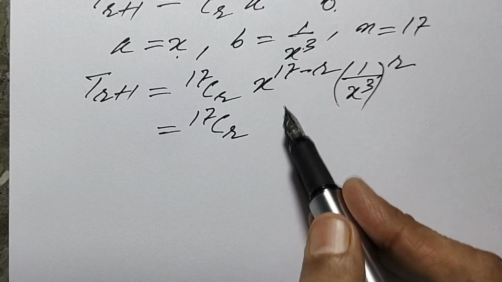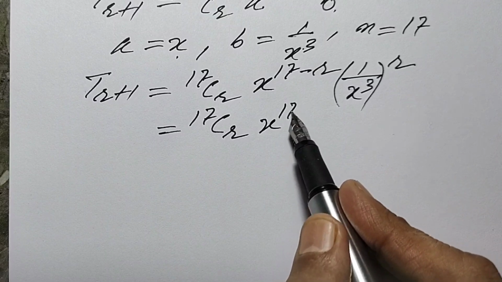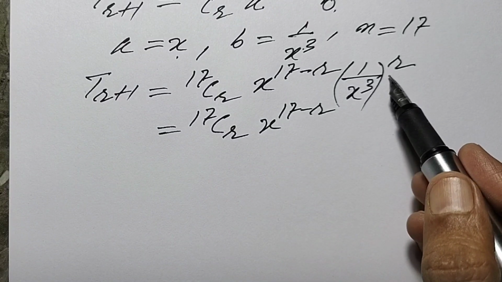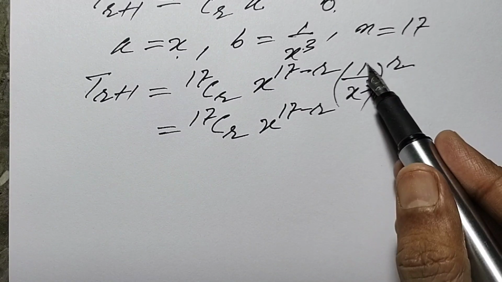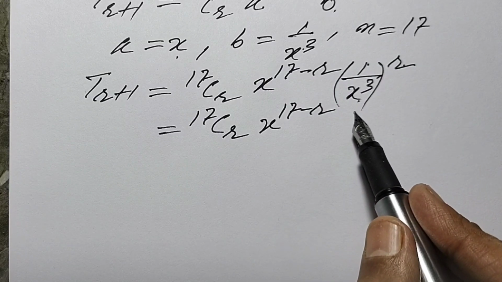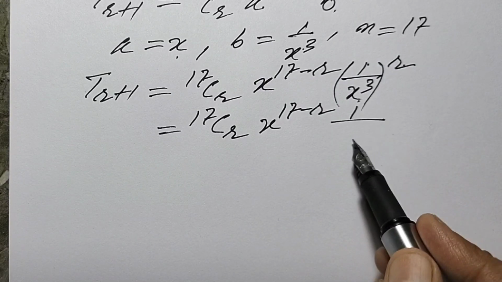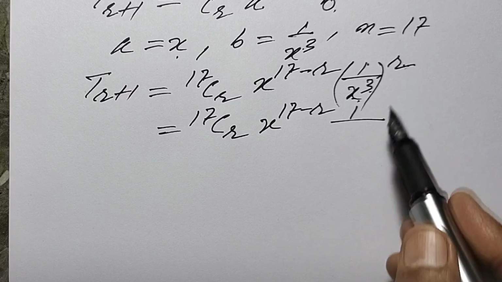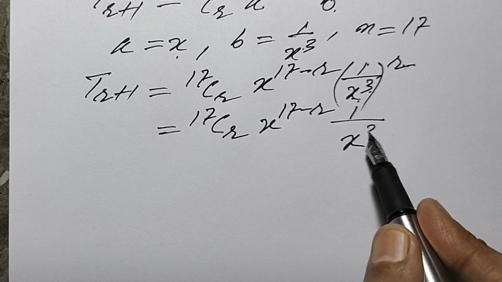17Cr x raised to the power 17 minus r, and here if we open up this bracket, this power will go on 1 and x cube both. So we have 1 raised to the power r, that is 1, and (x raised to the power 3) whole raised to the power r will be x raised to the power 3r.